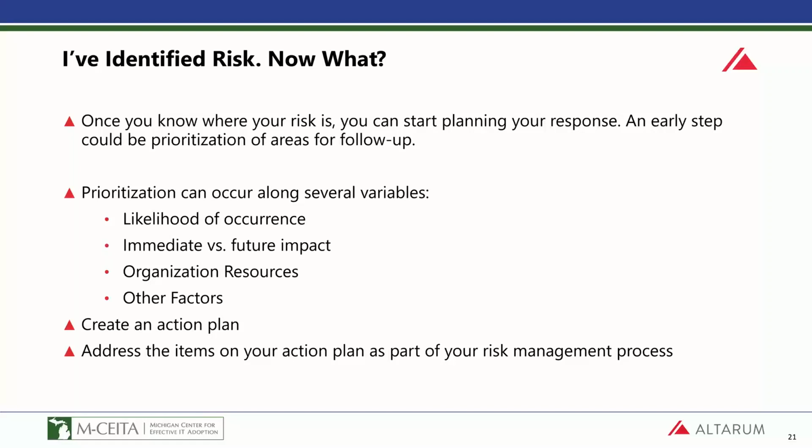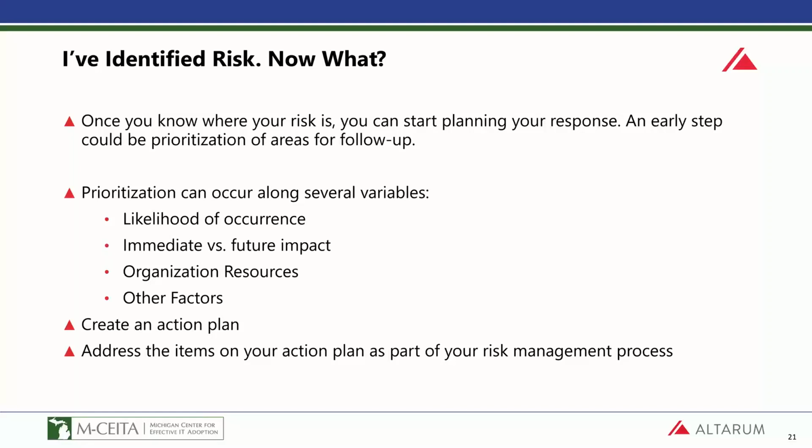That being said, you do not want to simply neglect to address a risk in some manner, because it is required that you have at least a plan to address the risk. You can set yourself up to succeed by prioritizing the risks identified according to several variables, such as likelihood of occurrence, immediate or future impact, limits to your organization's resources, and other factors as relevant.